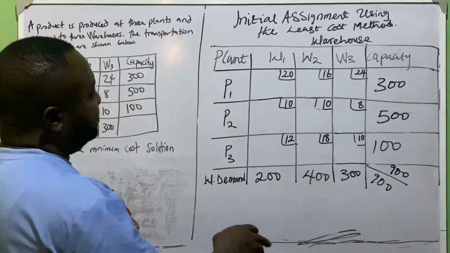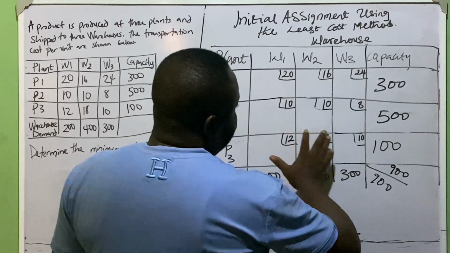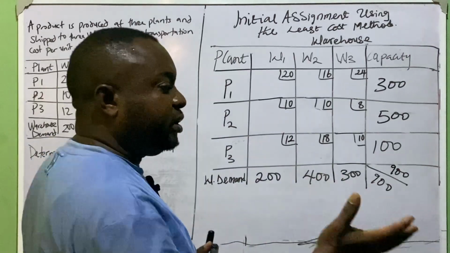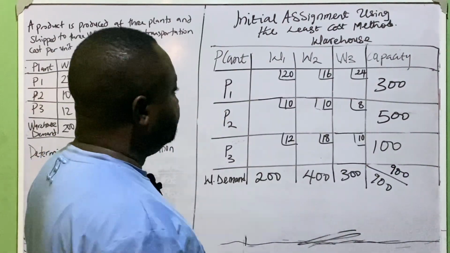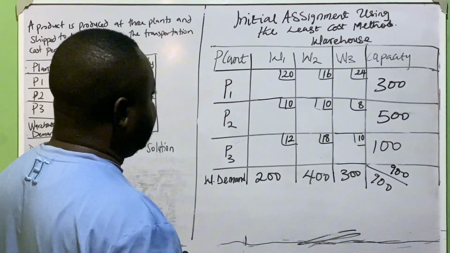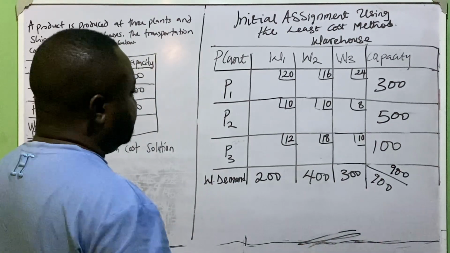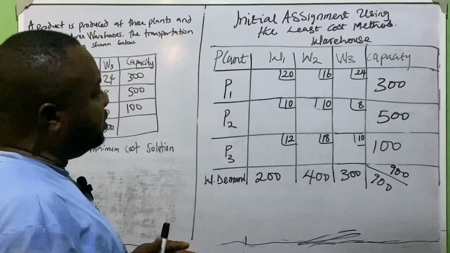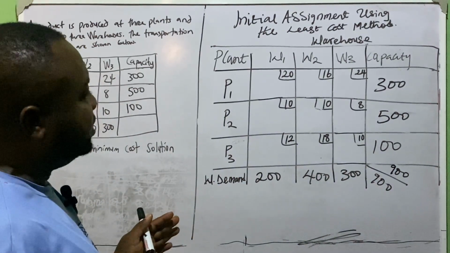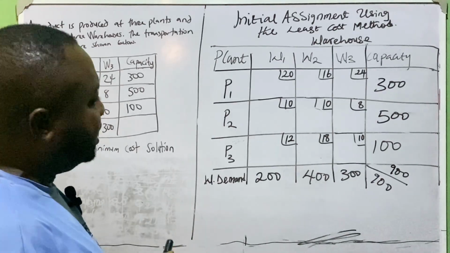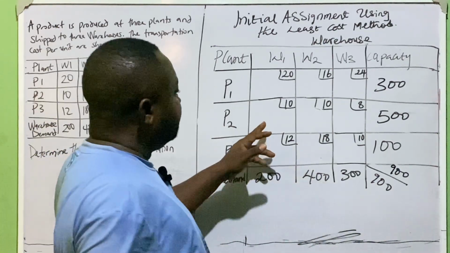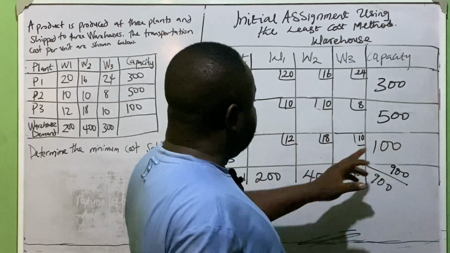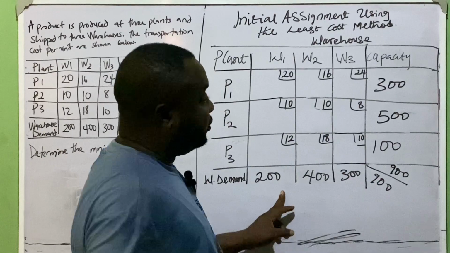From all these unit costs, we look at them and identify the smallest value, and we progress from there upwards. So I can see that the smallest value here is 8. So I will go to 8, and of course there are two major things that will guide initial assignment. One is that the capacity constraint must not be violated, and the demand constraint must also not be violated.